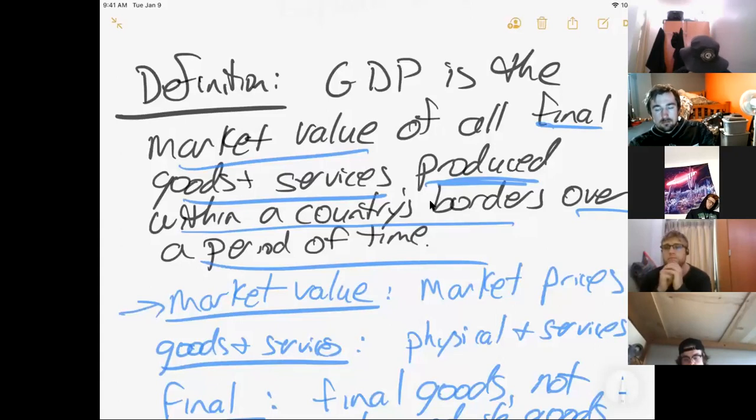Now, the potential confusion though is what happens if I send my kid to daycare? Well, then yes, that's included in GDP. If I'm paying somebody else to watch my kids, that gets included in GDP. If I go to the grocery store and buy vegetables instead of growing them at home, that's included in GDP. If I hire somebody to come and clean my house, that's included in GDP.